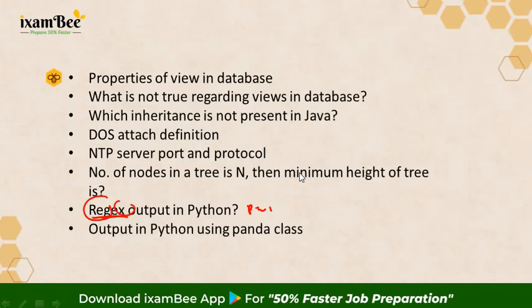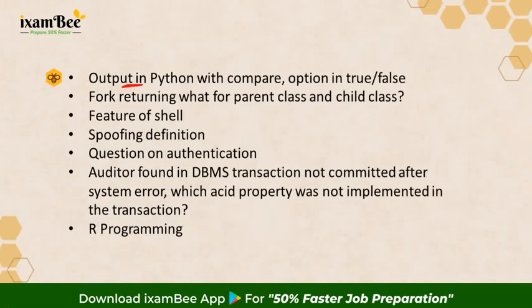Then there was a question related to pandas classes in Python. It was again an output based question. The next question is also related to Python, which is again an output based question. Here you can see that multiple questions are being asked, which are completely related to finding the output of a program. So you can try multiple related questions.